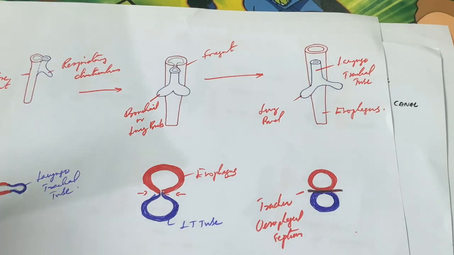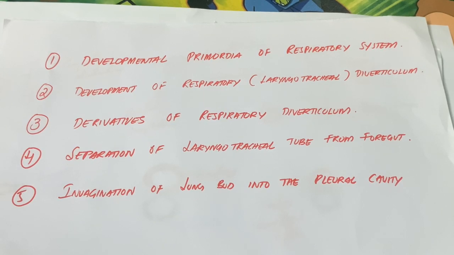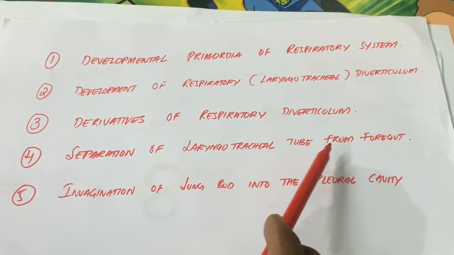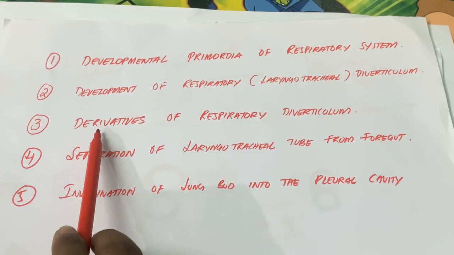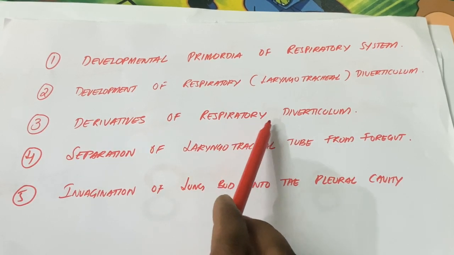And next we have the fourth, which is the separation of the laryngotracheal tube from the foregut. In the third point, we discussed derivatives of the respiratory diverticulum.